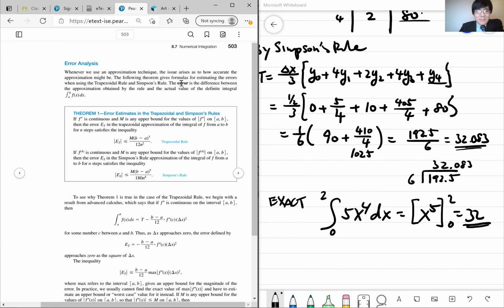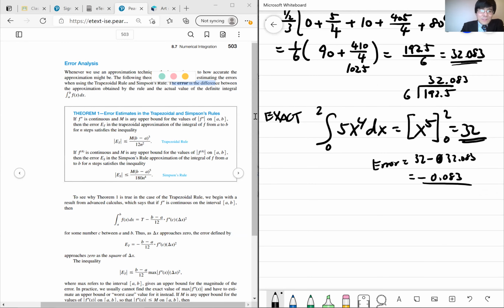Okay, the error here means the difference between the approximation and the actual value. So in this case, the absolute error is just the difference between the exact value minus the approximate value. Okay, so in this case, it's going to be minus 0.83.